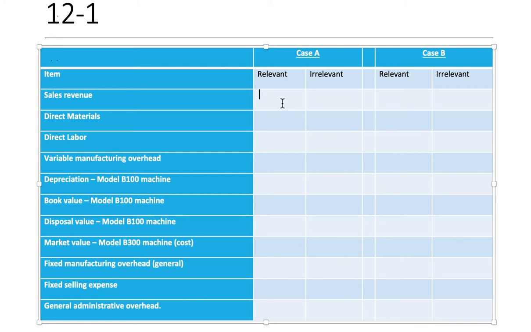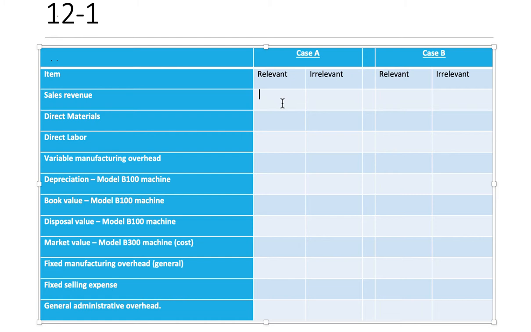So we have two cases, right? Case A, case B, and the instructions tell us that these are two independent decisions, right? A is by itself, B is by itself. In case A, they say that the company has a machine, B100. It has no idle capacity, right?